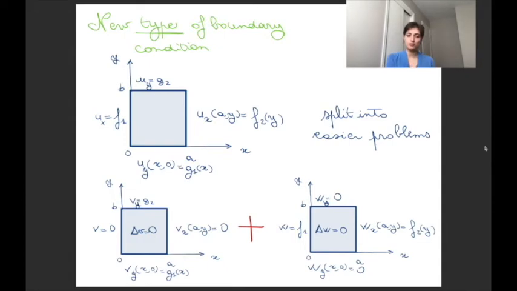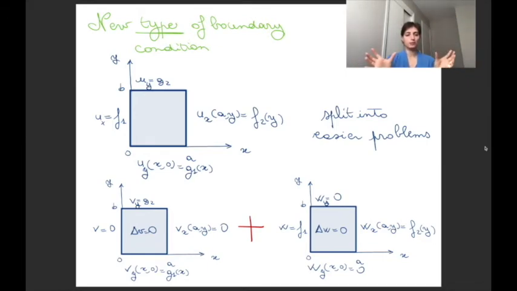And then we're going to sum this solution to the solution of another problem that is, again, the homogeneous Laplace equation. But now we swap which boundary condition we have chosen. So we keep the non-trivial Neumann boundary conditions on the two vertical sides of the rectangle and replace them with trivial Neumann boundary conditions on the two horizontal sides of the rectangle.